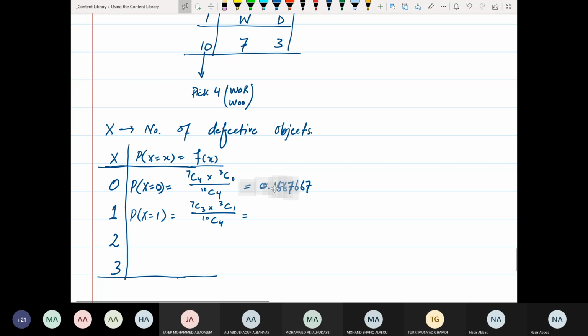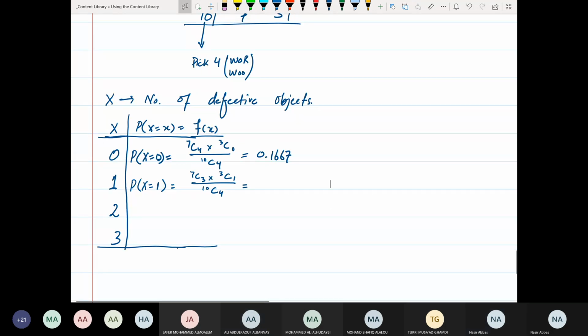Right. And similarly, Paris, what is the probability of X equals 2? 7C2 multiplied by 3C2, sorry, 3C2.